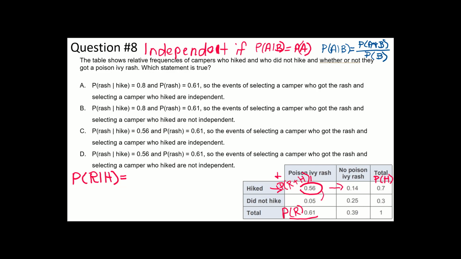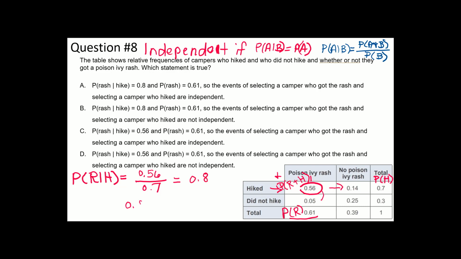The probability of the rash and hikers is 0.56. Probability of hikers is 0.7. Divide those with your calculator and you'll get 0.8.